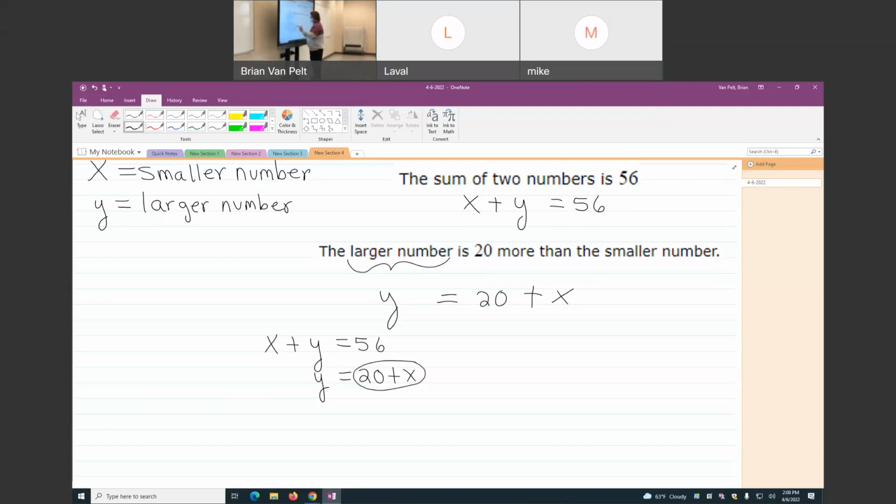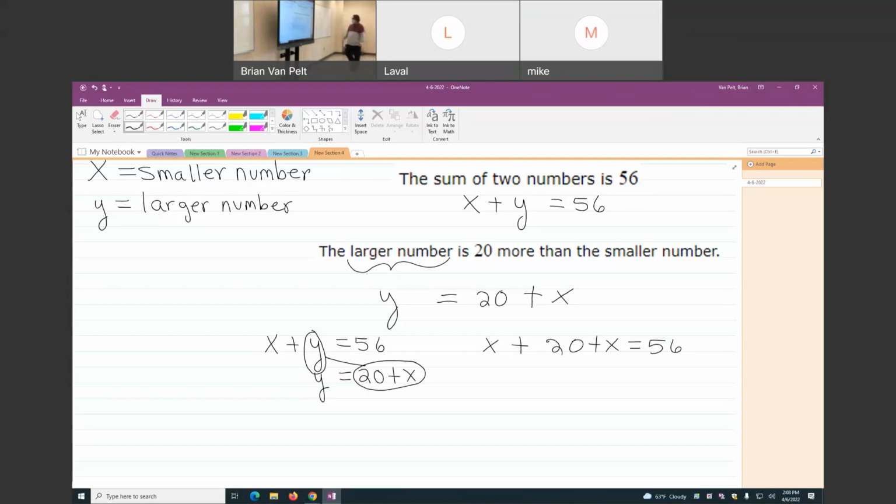So that 20 plus x is going to go into that y. Let me rewrite that first equation. We have x plus, instead of y, I got my 20 plus x, and that was equal to 56. Now you can solve this as you would any other equation. I'll combine my x's.